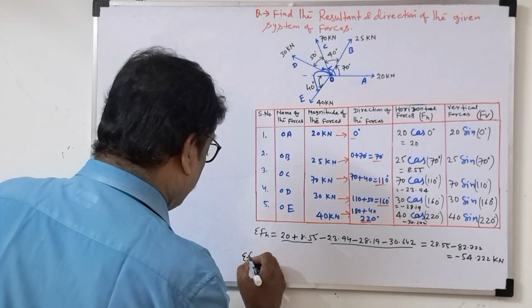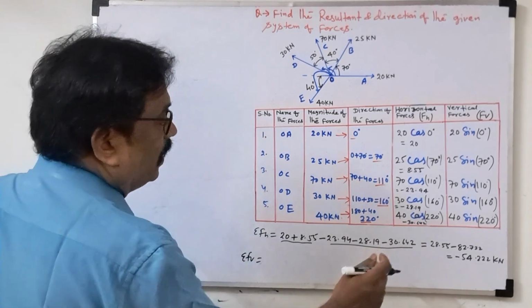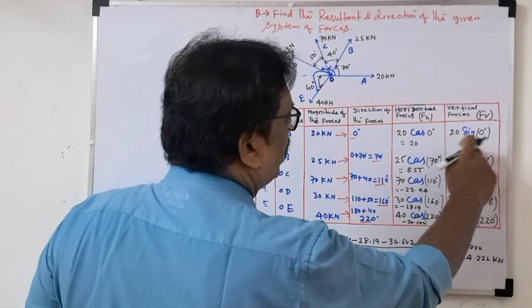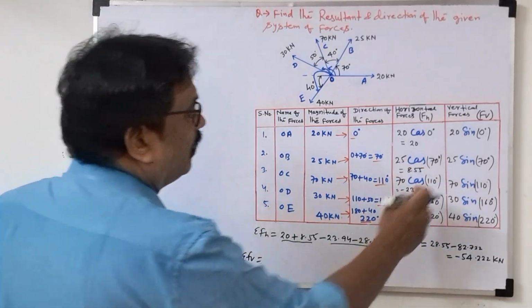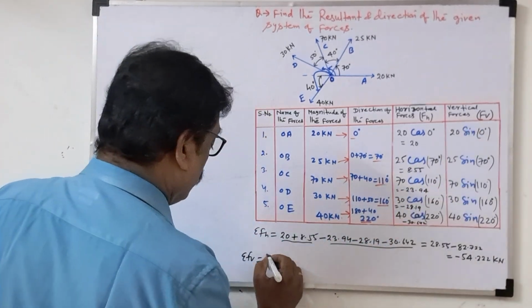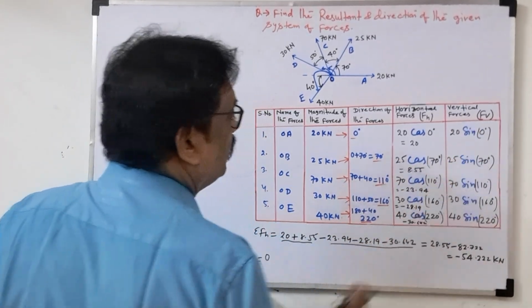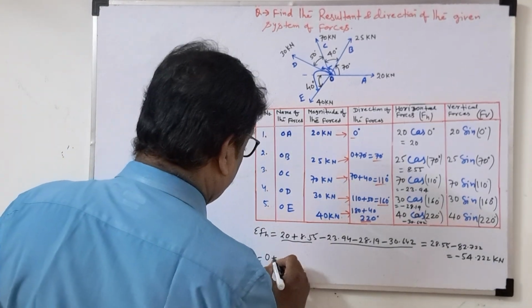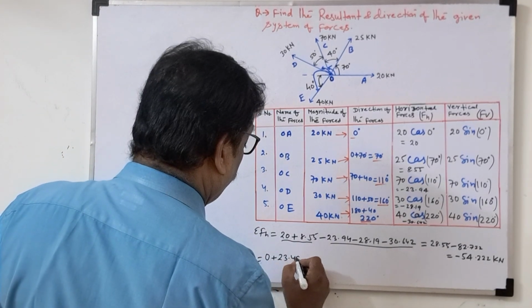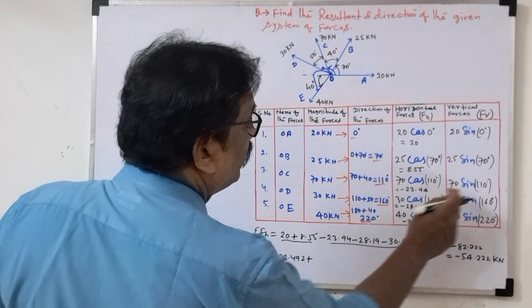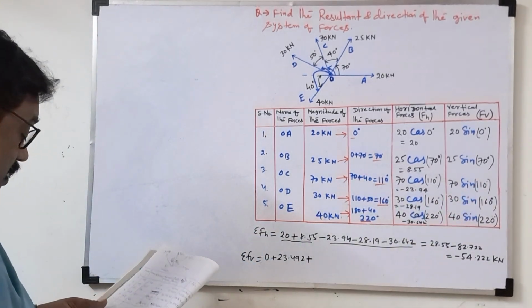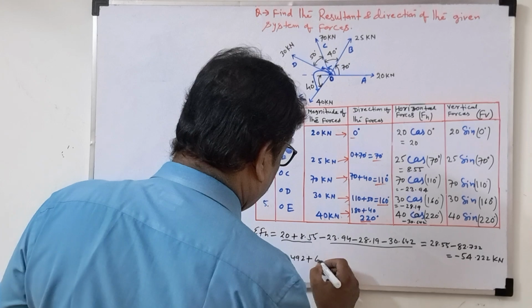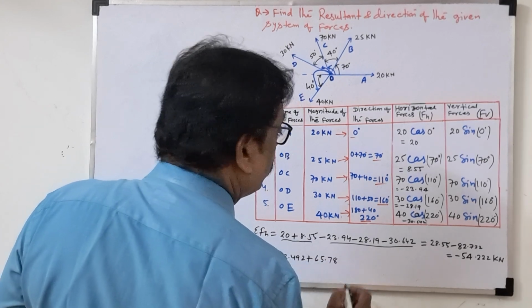Similarly, sigma FV is equal to, so what we'll do, we'll add all those things. I'm not writing it here because it looks complicated. So directly the value: sin 0 is 0. If we take 25 sin 70, it will come 23.492, plus 70 into sin 110, it will come 65.78.